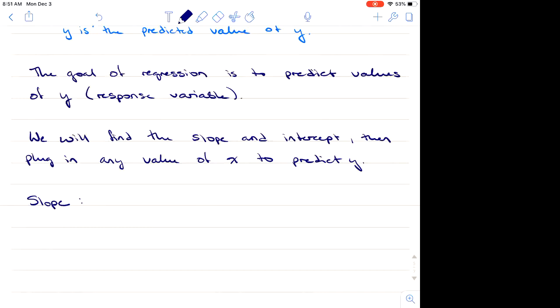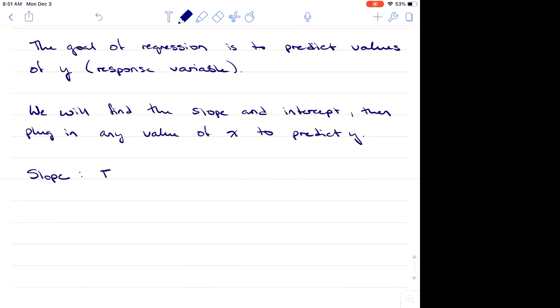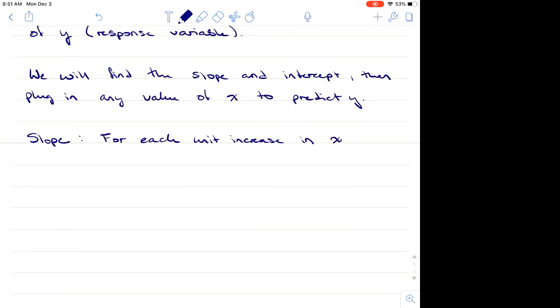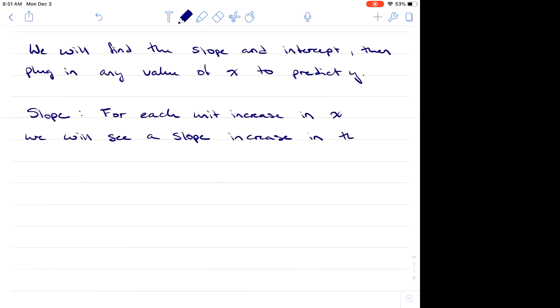So the slope says that for each unit increase in x, we will see a slope increase in the predicted value of y.